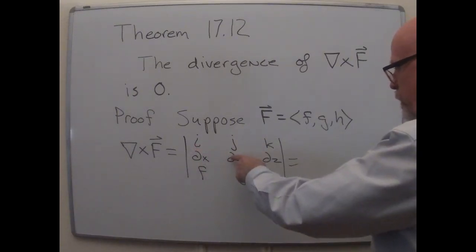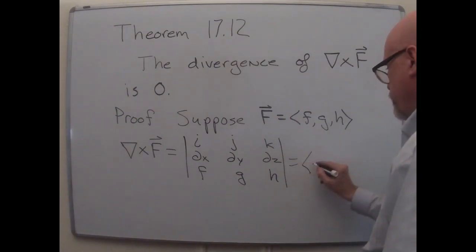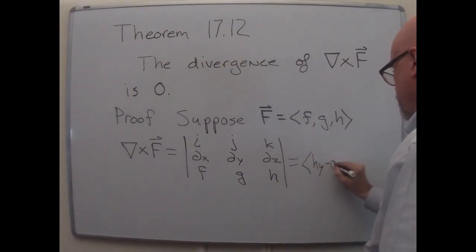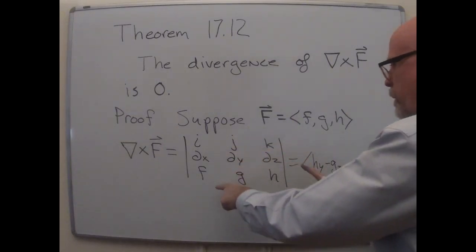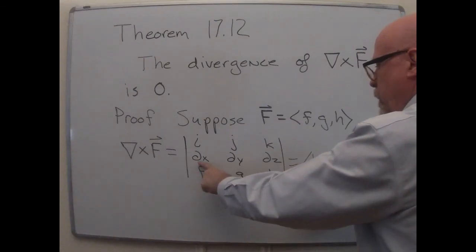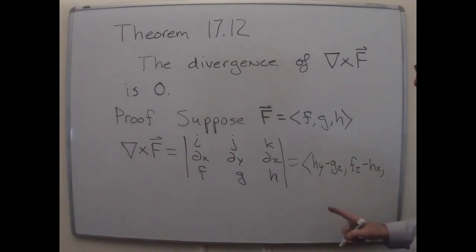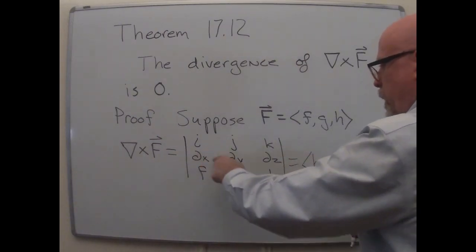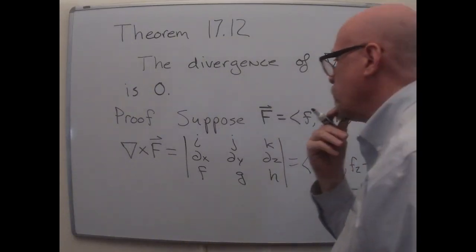When we're doing the I component, it's H sub y minus G sub z. The J component is going to be F sub z minus H sub x. And the last one, the K component, is G sub x minus F sub y. We've seen that guy before, haven't we? All right, so that's what del cross F is.